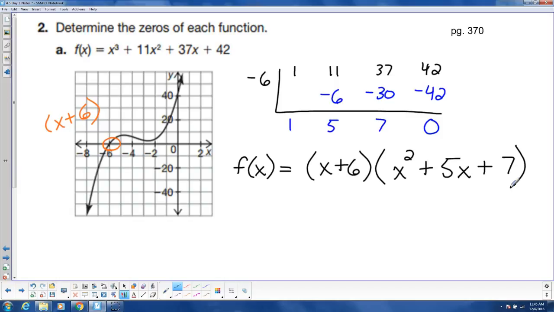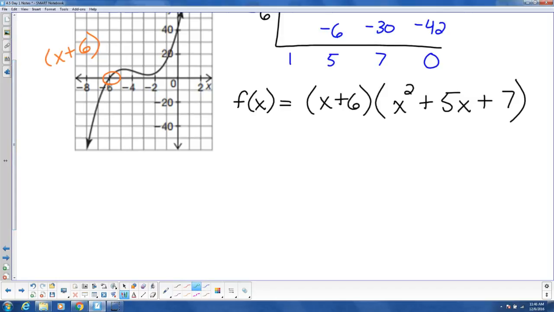Remember, imaginaries have to come in pairs, so it's got to be an even number. 2 imaginaries, right? So do I even waste time trying to factor x squared plus 5x plus 7? Is it going to give me real answers? No, so I'm not even going to waste my time trying to factor that.